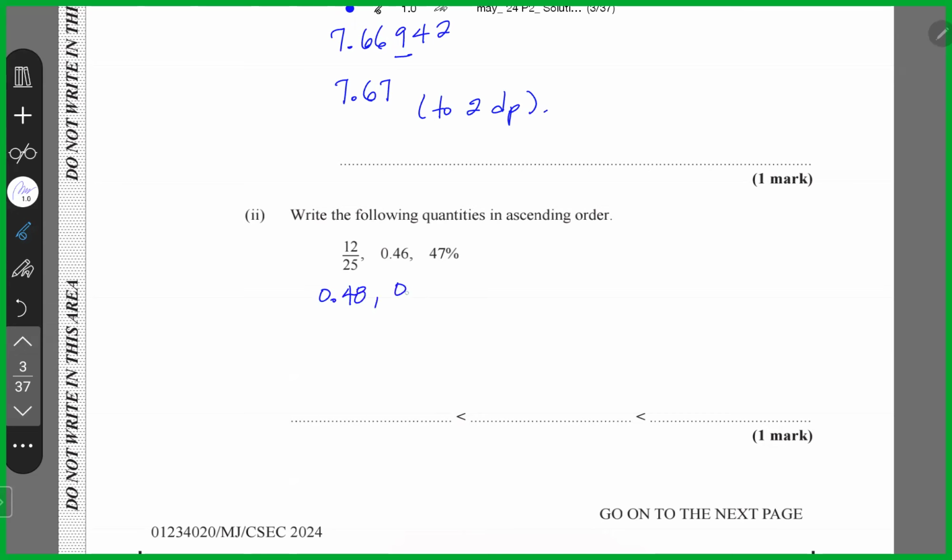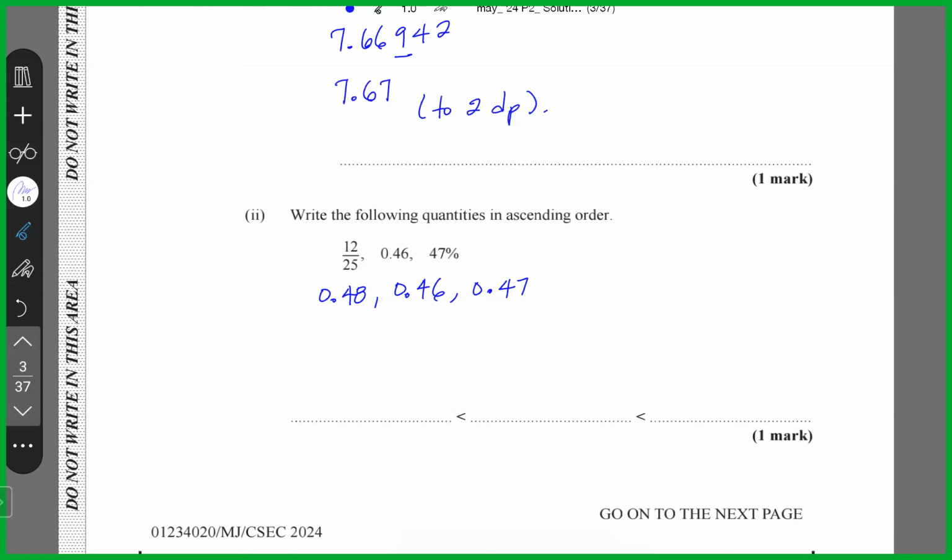This is 0.46, and 47% as a decimal is 0.47.